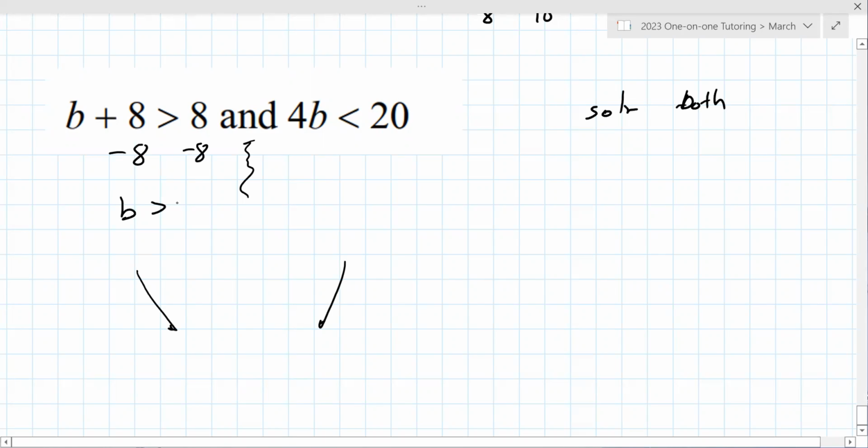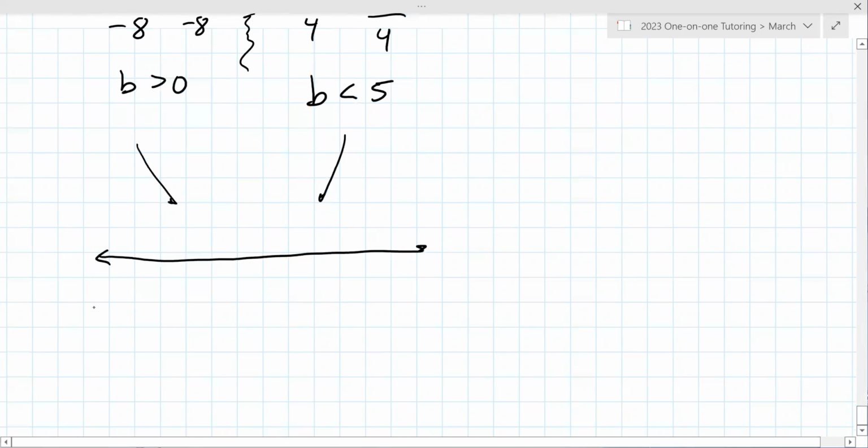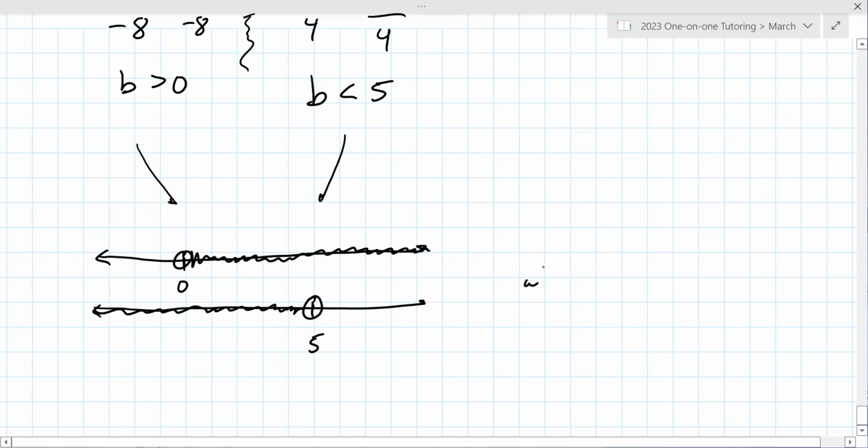So b must be greater than 0. On the right, you're going to divide by 4. B is less than 5. Here's option 1: draw two number lines. On the first one, here's 0, and it's saying all the numbers greater than 0. On the second one, it's saying all the numbers less than 5. Where is the overlap?